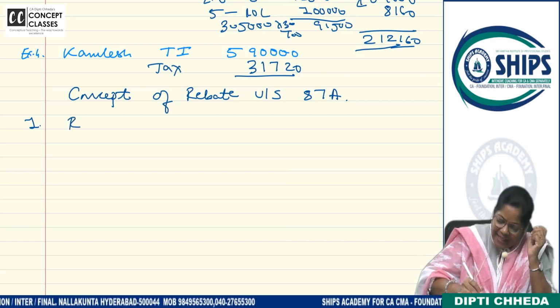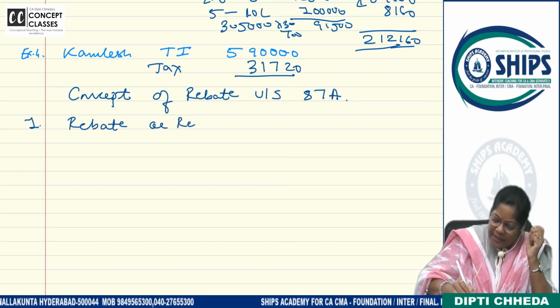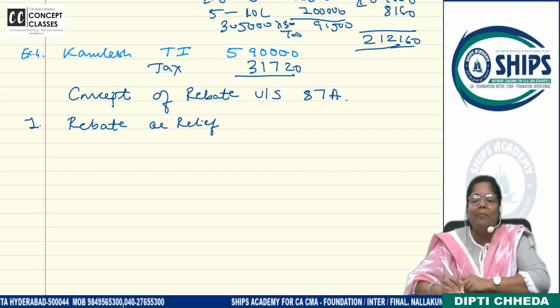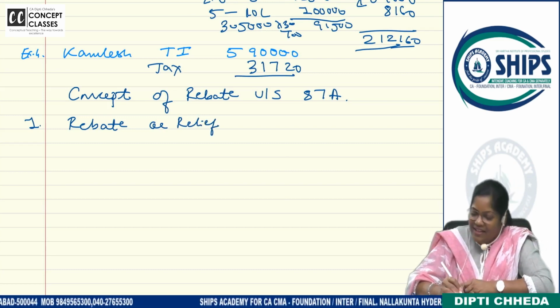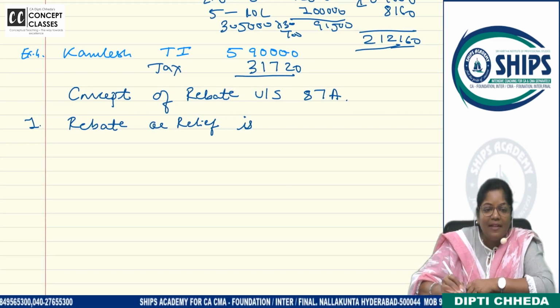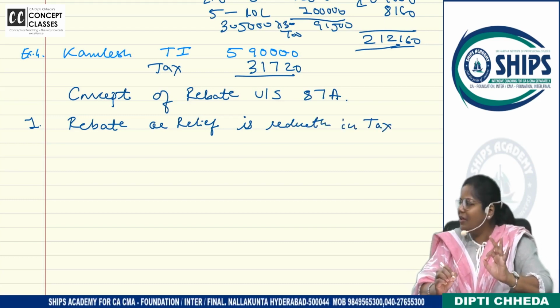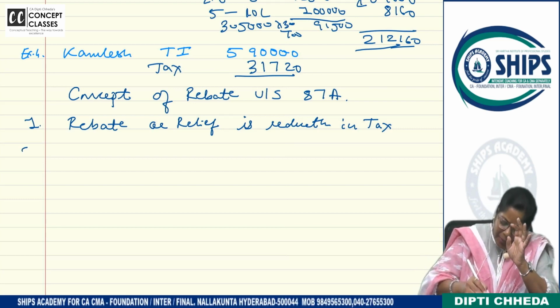So the first line for your booster notes is rebate, relief. Even in the salary chapter we will study one relief under section 89. Rebate or relief is reduction in tax. Is the concept clear? Second point.